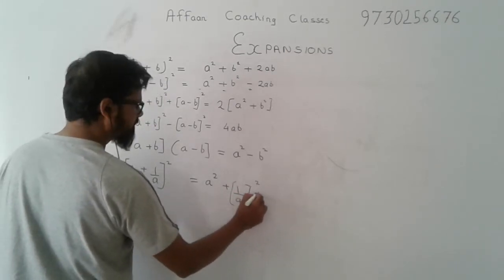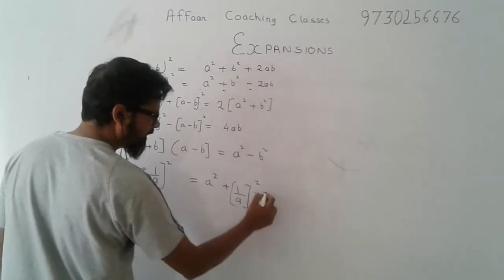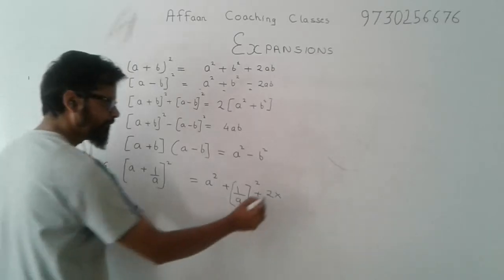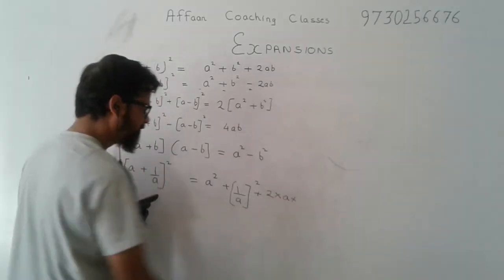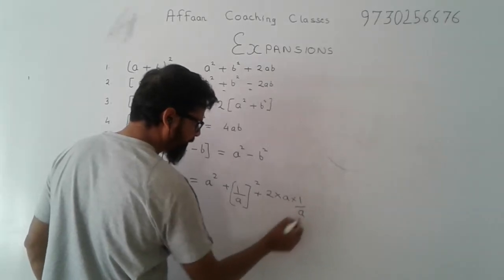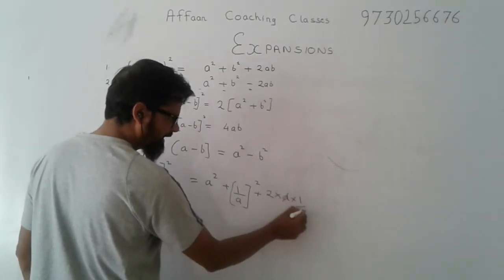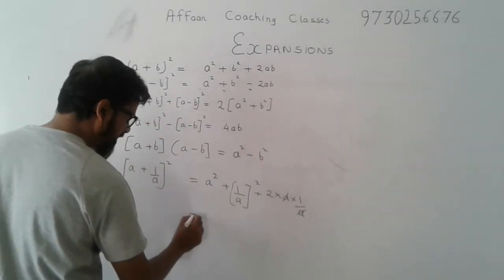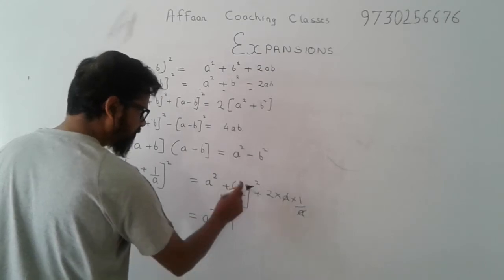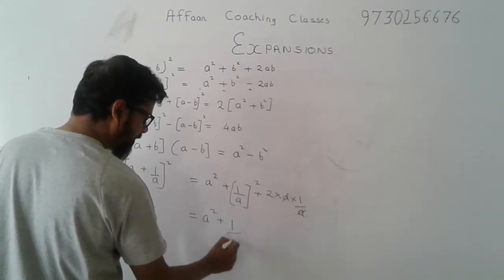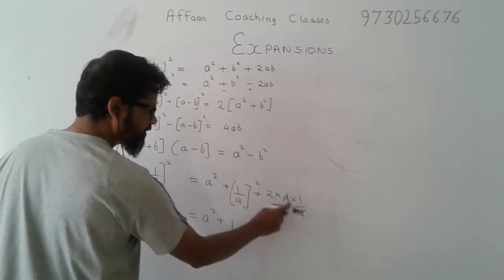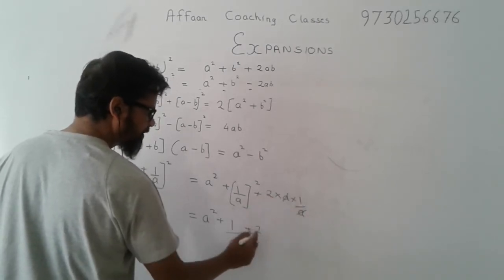Now plus what you have, 2 into a into b. 2 into a we have over here as a only, but instead of b we have 1 upon a. So this will be 1 upon a and a get cancelled. So you will have a square plus 1 upon a square plus 2, because this a got cancelled, so 2 into 1 into 1 is 2.